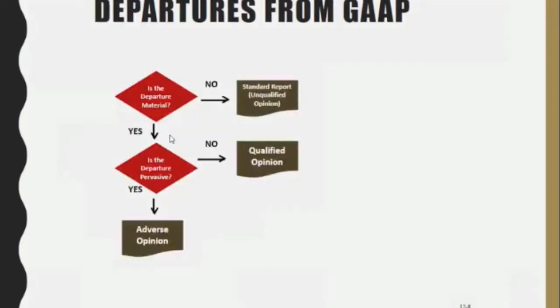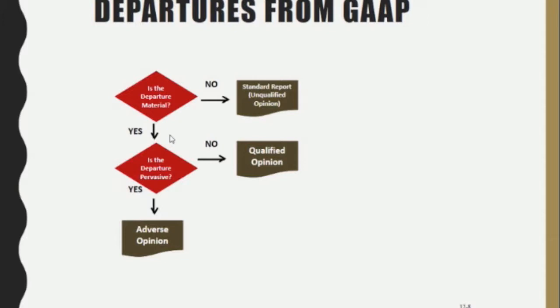So here's a simple way to kind of look at this: is the departure material? So the auditor determines if it's a material departure. If the auditor determines that it's not a material departure, there's no reason to modify the report. Right? You issue a standard unmodified audit report that we just discussed, with the components that we just discussed.